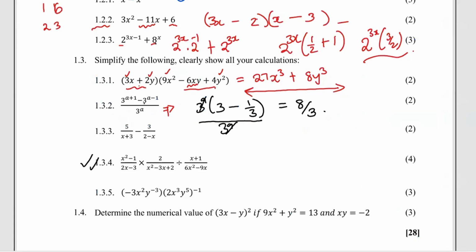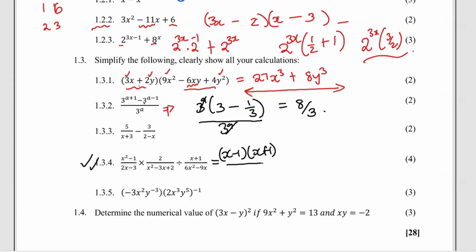Then 1.3.4. Okay. So with this, we are going to use factorization. And with the factorization of it, let's look at term by term. Okay, so with the first one, on the top we have a difference of 2 squares, meaning that we're going to have x minus 1 and then x plus 1.